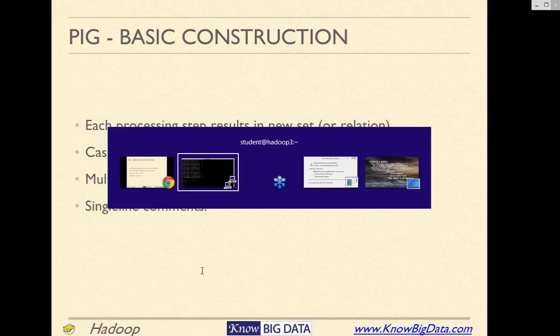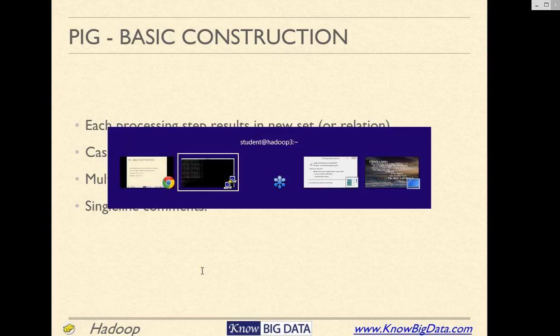So every time you process something, you have to put it in some other variable and then process it again, and so on. Pig is case insensitive, so you can use uppercase, lowercase, and so on. However, UDFs are the only exception to this rule. UDFs are case sensitive.